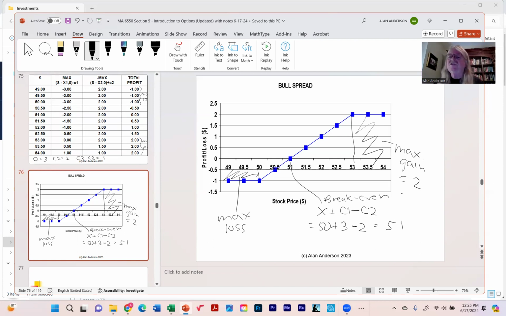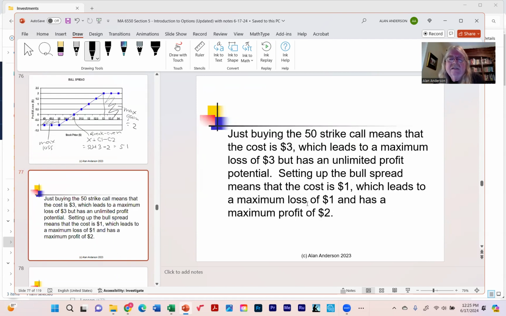So now here's the big question again, why are we doing this? If I just bought the 50 strike call like we did earlier, we would have no maximum profit. But here's the difference. The cost is 3, which means we can lose up to $3, but no upside maximum.